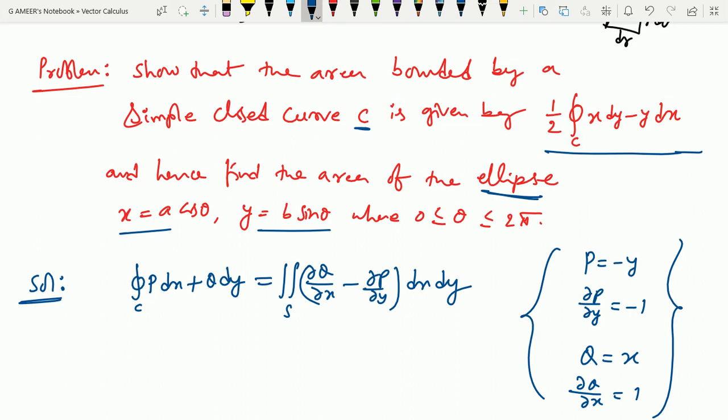So this is something. Now you substitute here. So you can write p is minus y by 2, that is minus 1 by 2, and q is x by 2, that is 1 by 2.